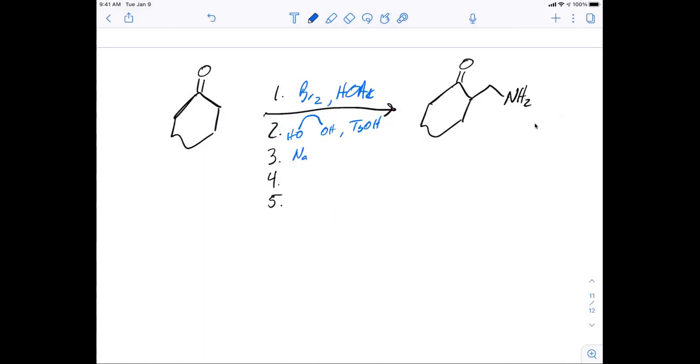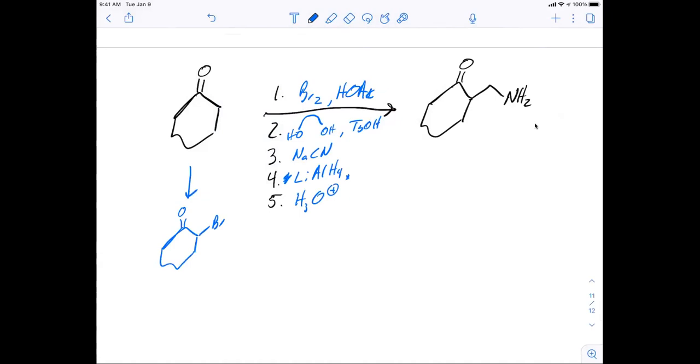Then I'm going to react with sodium cyanide. Then I'm going to reduce that. And this should actually be, no, that's okay. It works out. And then H3O plus to deprotect. So we go to this.